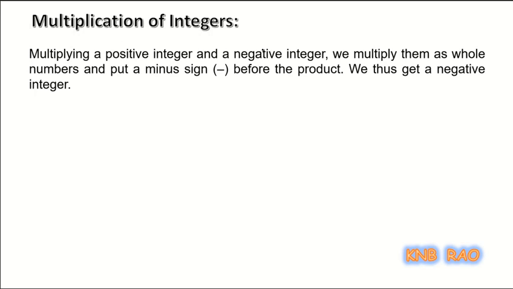Multiplying a positive integer by a negative integer, we multiply them as whole numbers and put just a minus sign before the product. We thus get a negative integer as the product.